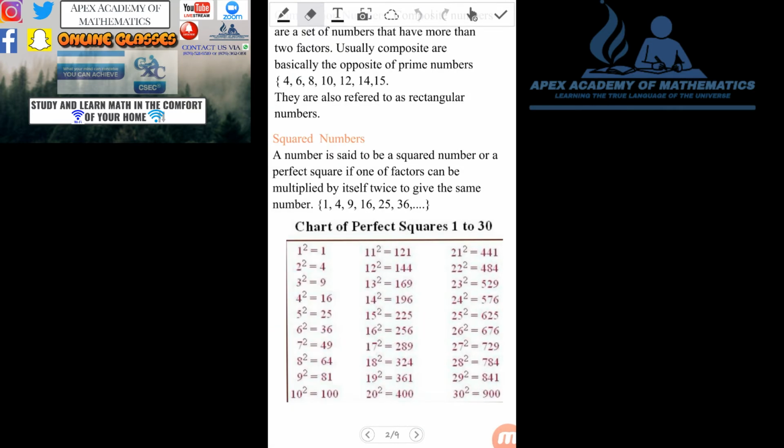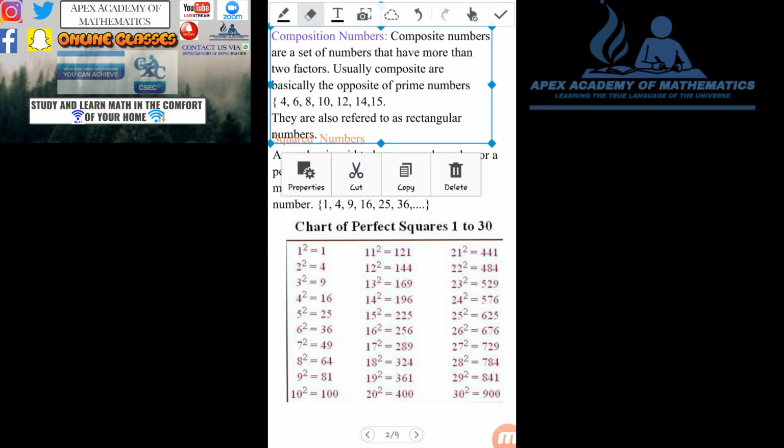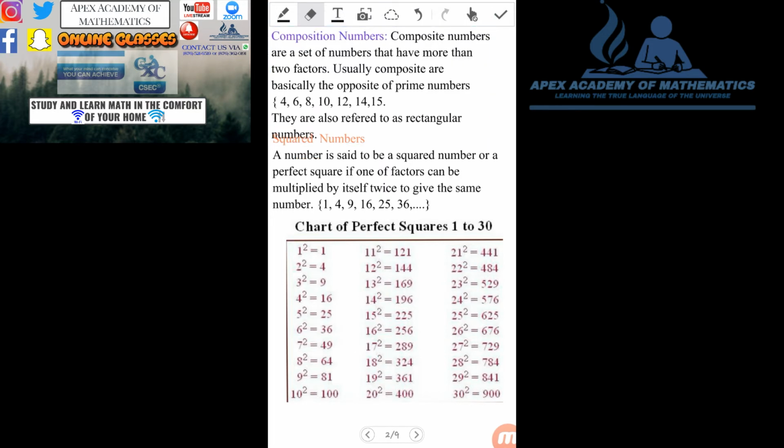Now also, I want to bring this down a little bit. We're going to talk a little bit about composite numbers. Composite numbers are one of the most underrated and ignored sets of numbers. We don't usually talk about them. You usually go through a textbook and you meet their definition, but no one really talks about them.